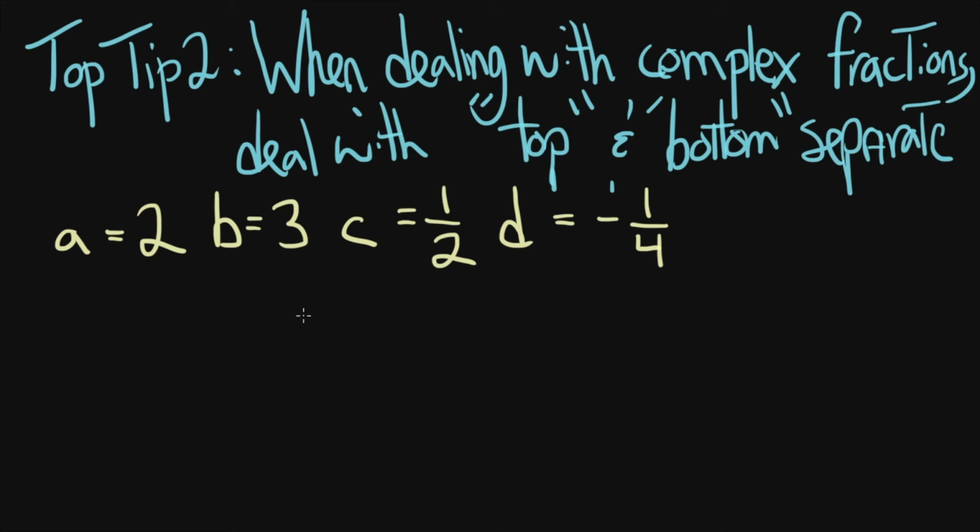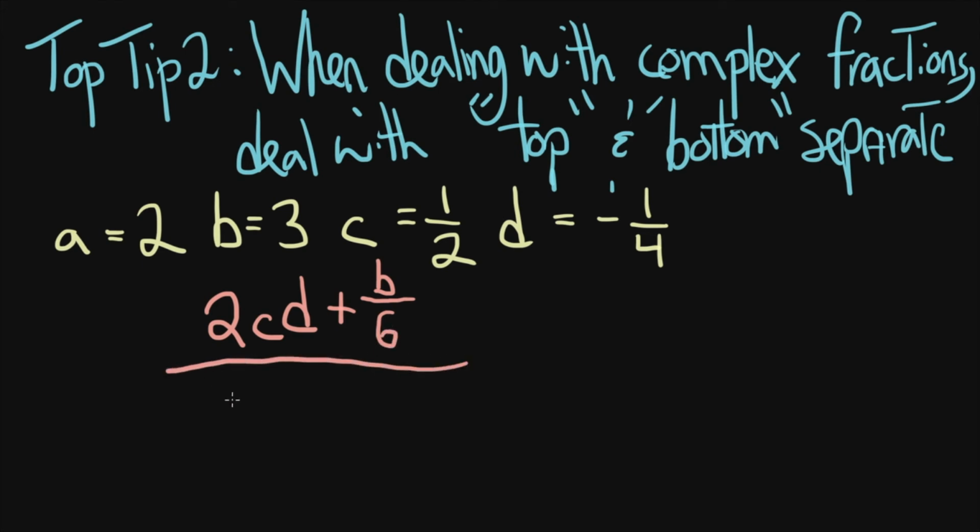Let's make it look like 2CD plus B over 6, all over B, A, C. So now you're like, oh my gosh, what is just happening? Okay, so that's your question.